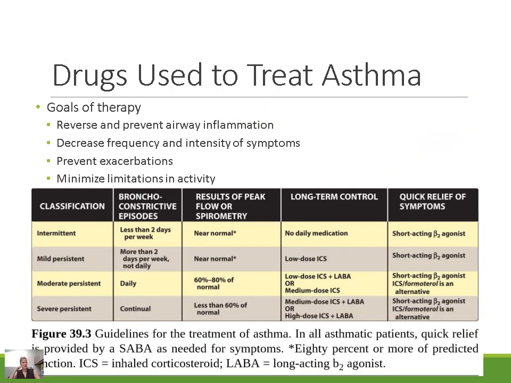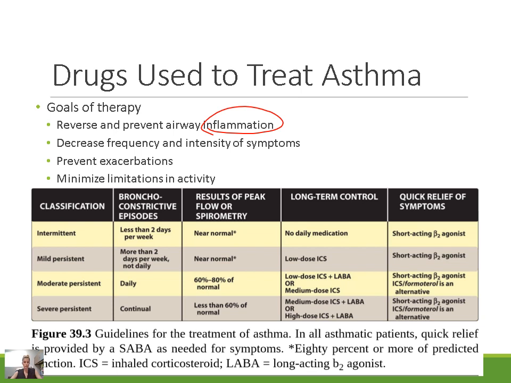The goals of therapy in asthma are to reverse and prevent airway inflammation. That's really important because inflammation is problematic in multiple ways. One, when the airways, the walls are inflamed, that decreases the lumen size of the airway. So that leads to airway obstruction in itself.